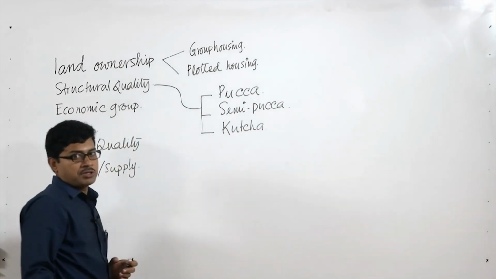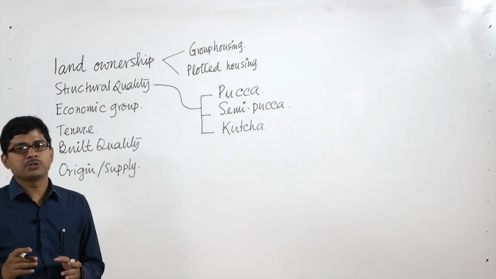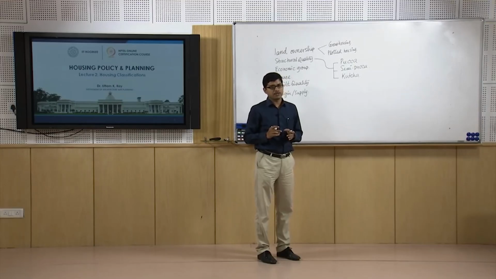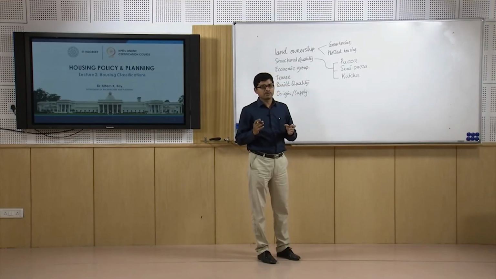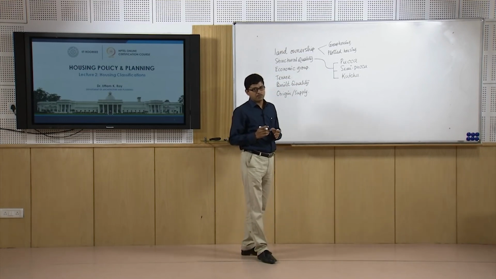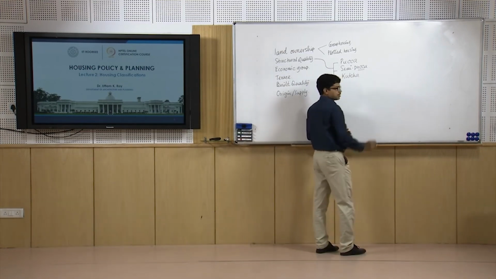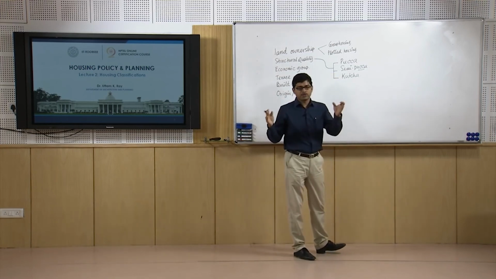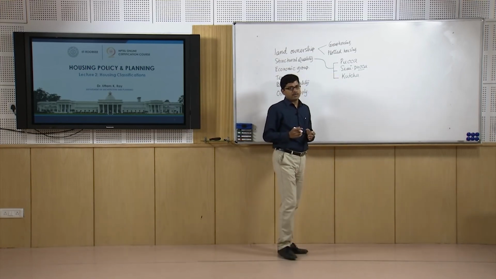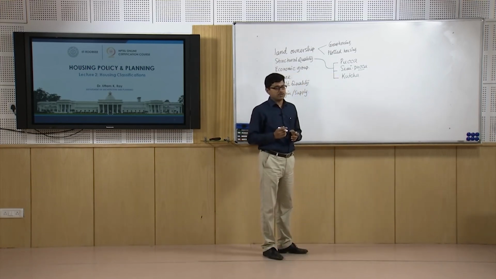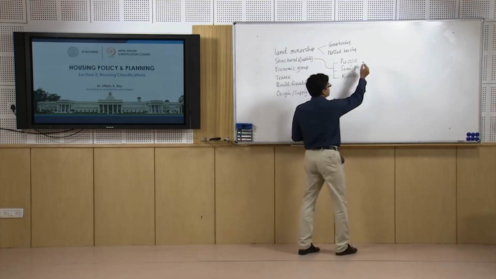Kacha houses have the wall and the roof both made of temporary material, and are sometimes vulnerable to disasters and urban risk. On the other hand, semi-pakka houses are those where only one element, maybe the wall or the roof, is made of temporary material. So, based on this structural quality, houses are sometimes classified.